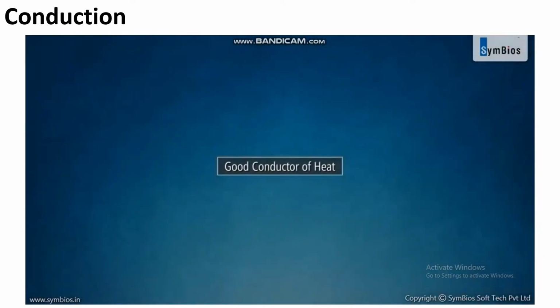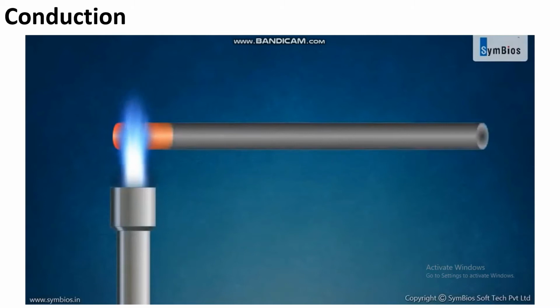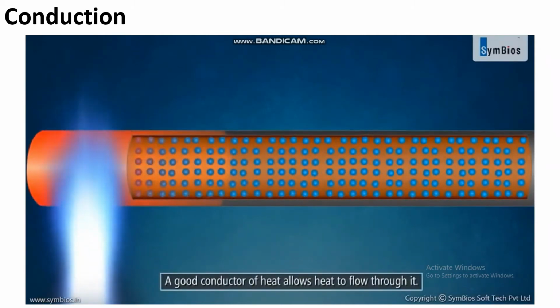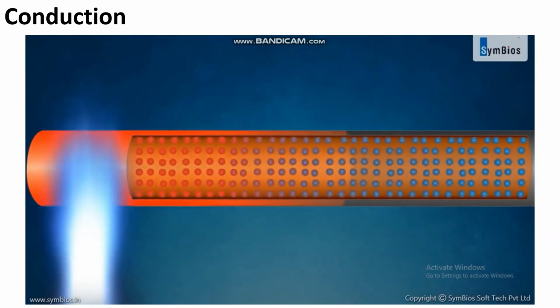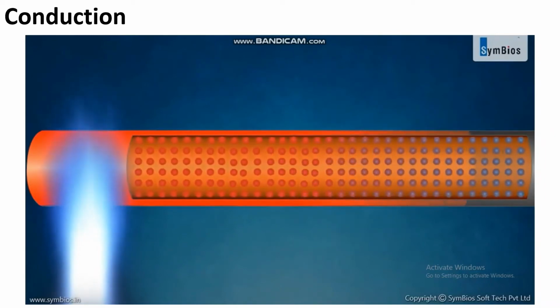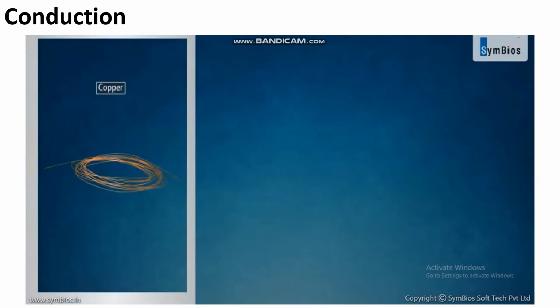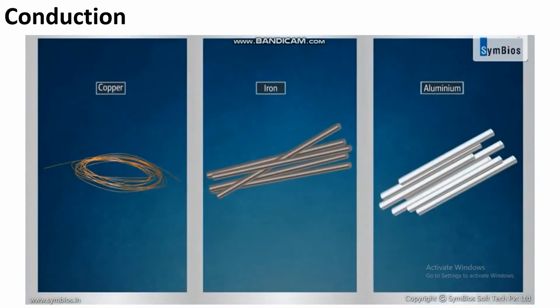Good conductor of heat. Conduction of heat depends on the material. A good conductor of heat allows heat to flow through it because of its free electrons. Metals like copper, iron, and aluminium are good conductors of heat.